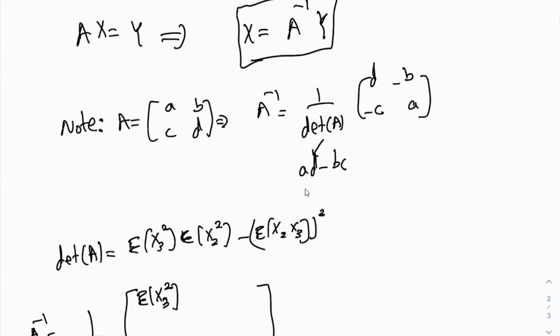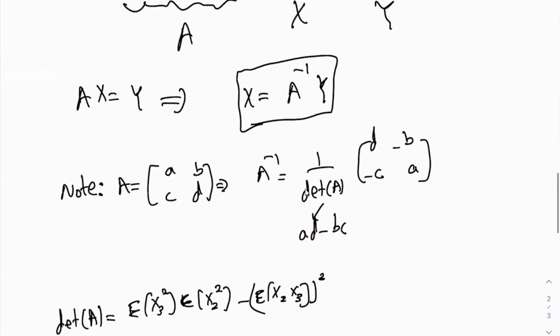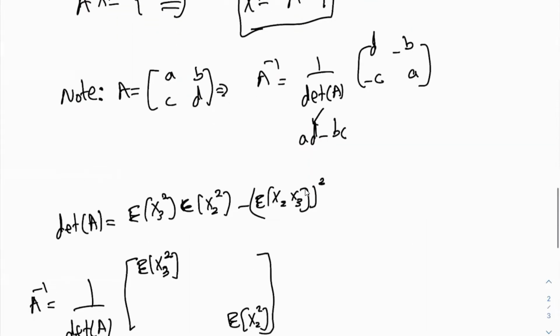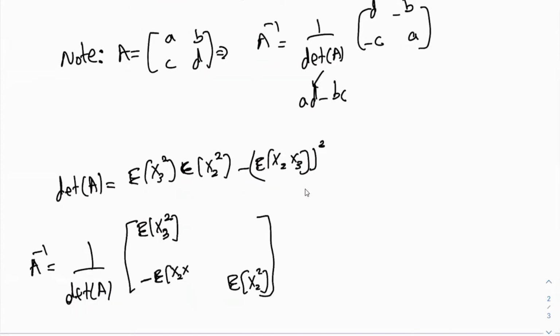This swaps the elements of the main diagonal. Remember, that was the equation we had. And then negate each one. Okay, so this is going to be A inverse.